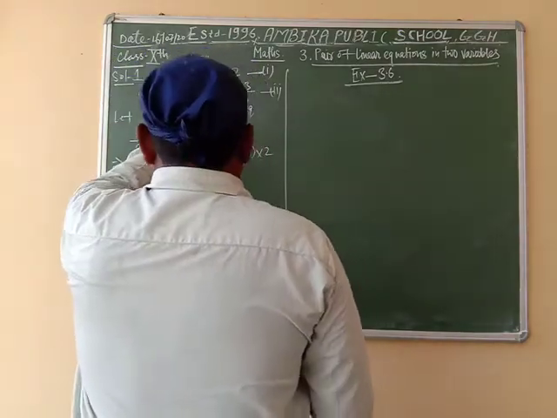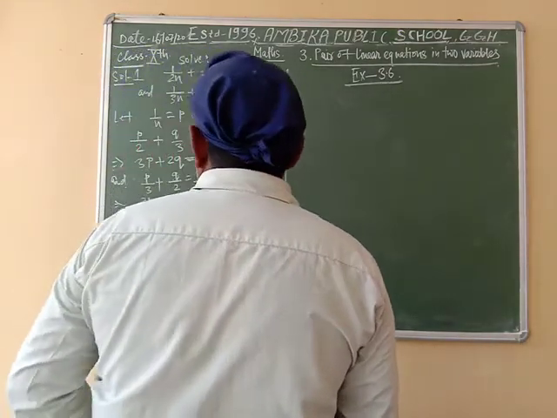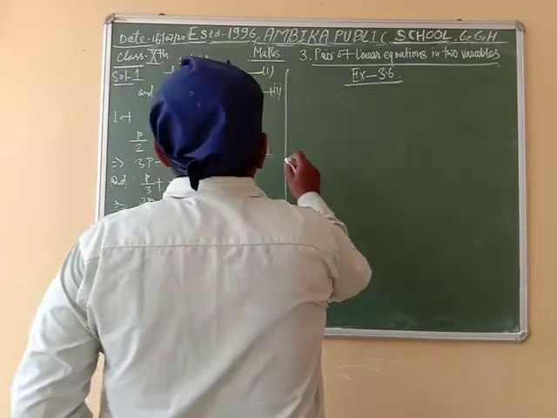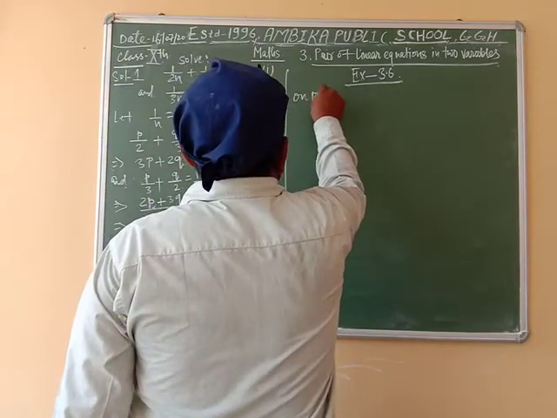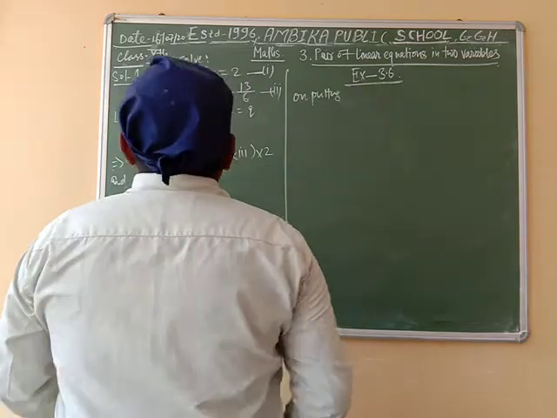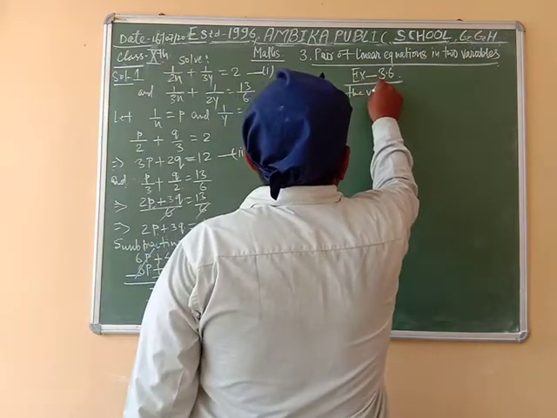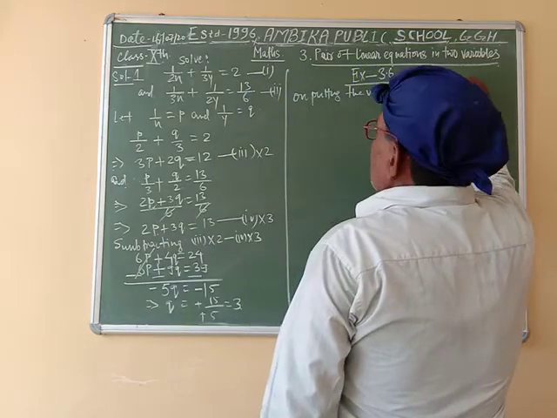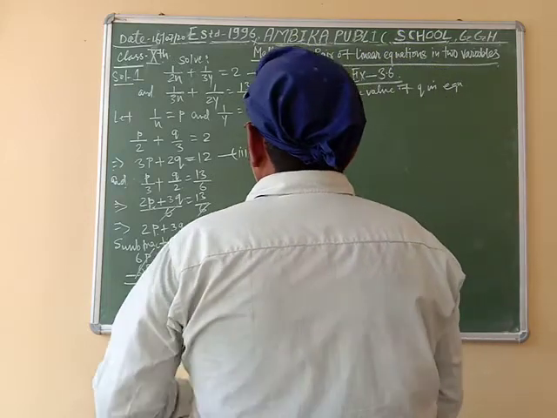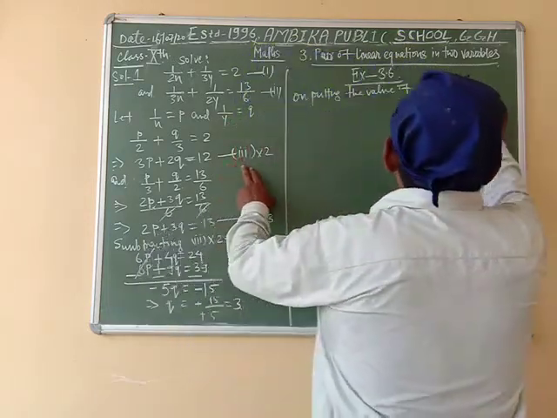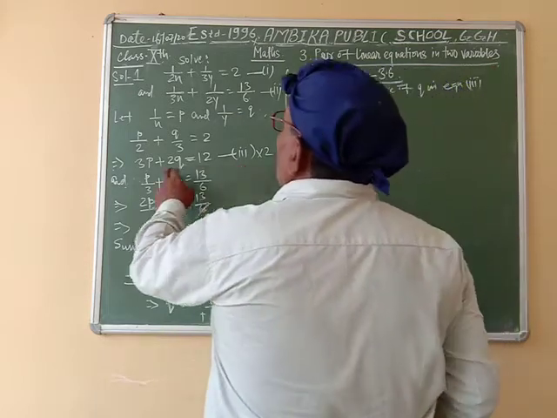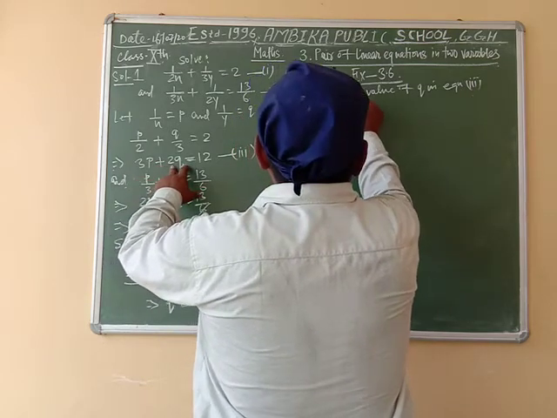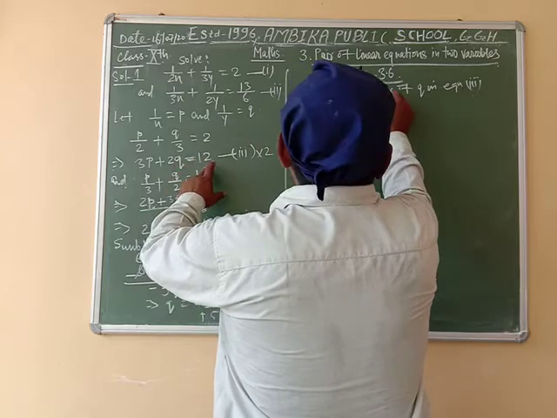Now, on putting the value of q in equation 3, 3p plus 2 into 3 is equal to 12.